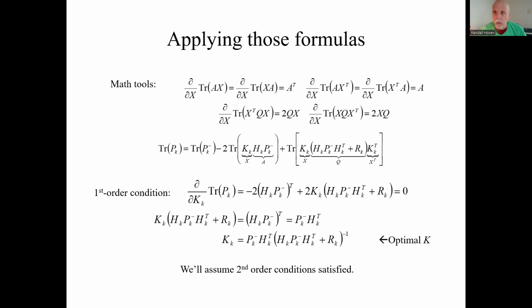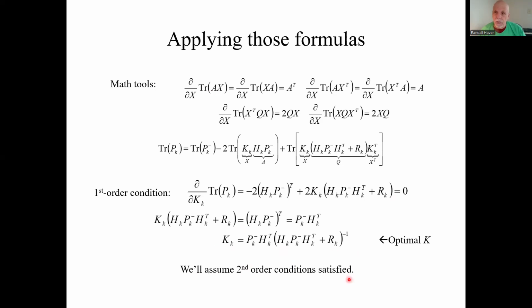And we had second order conditions involving the Hessian or the second derivative. But this first order condition, so we're going to take the derivative of the trace as a scalar with respect to this vector K. And we get this and we want it to be 0. That's what the first order condition is. The derivative equals 0. And when you do that, you get a formula for what the gain is. Now we have our optimal gain K.